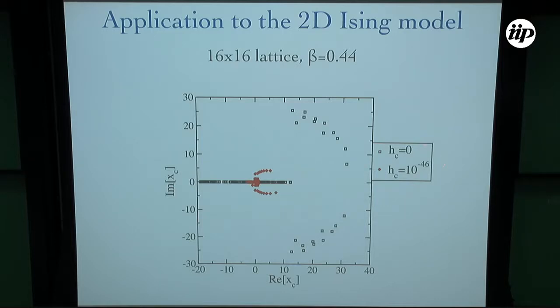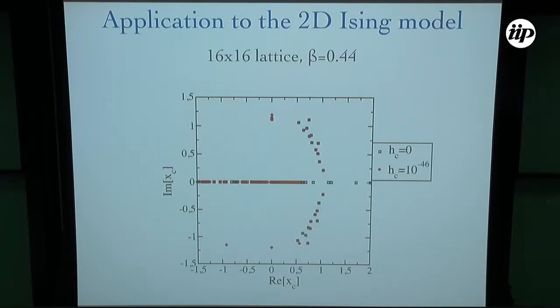Then if I reduce it, now I will throw away values of the histogram that are smaller than 10 to the minus 46. I get those points in red. I will zoom in on this region, and you see they agree for all these points. Some of the roots that were on the real x simply disappeared, but I still have zeros here, so the zeros finder isn't working properly yet.